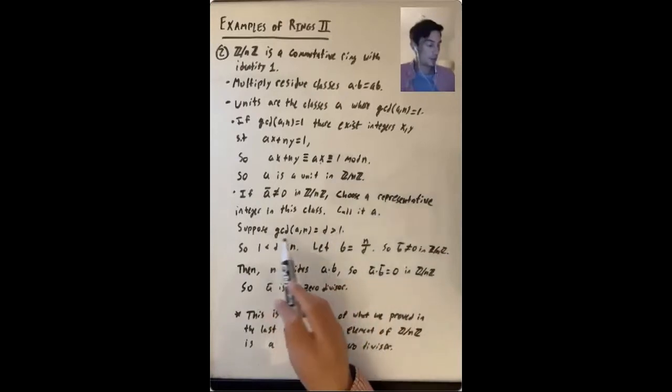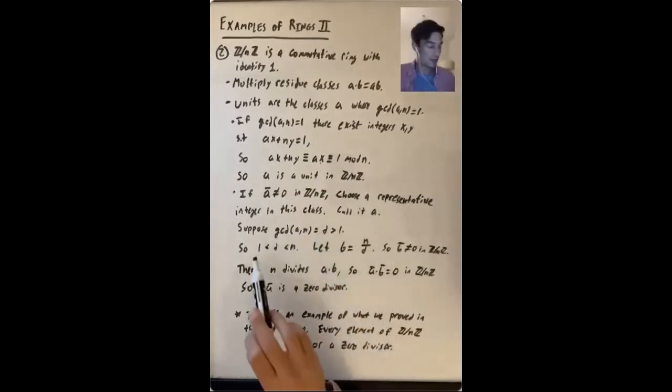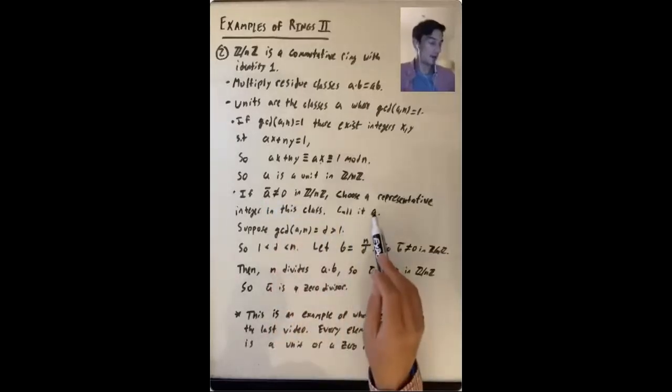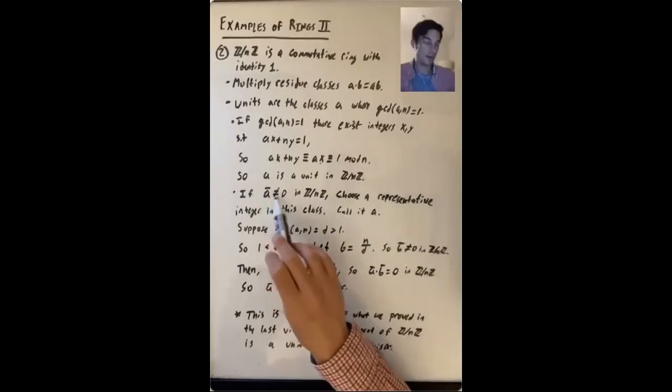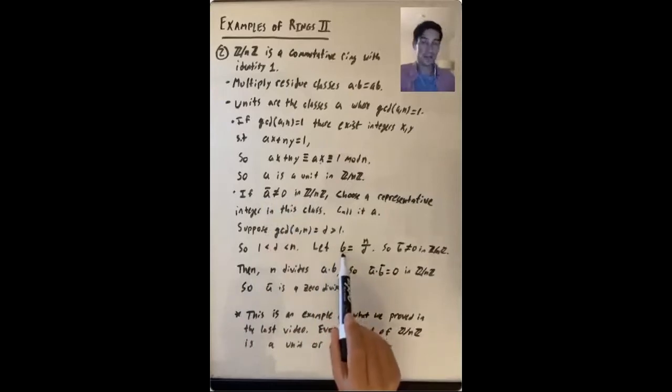Suppose that the GCD of a and n is bigger than 1, call it d. That means d is between 1 and n. How do we know that d isn't equal to n? Because if it were, then n would divide a, and the class of a would be 0 in Z mod nZ. So we define the integer b to be n over d.